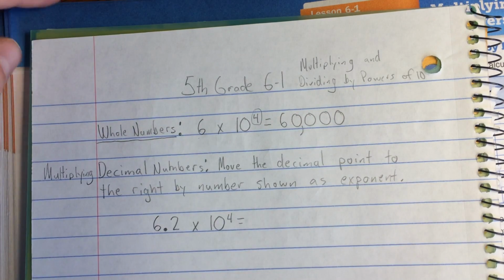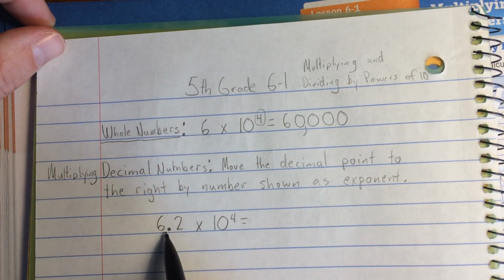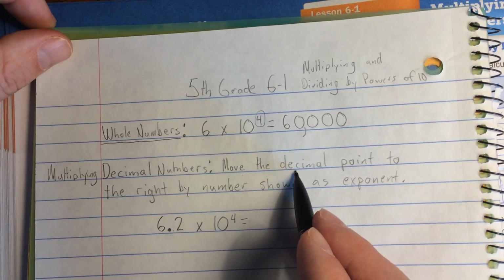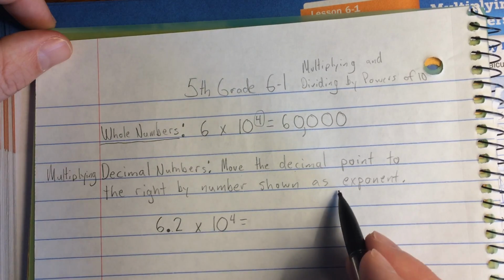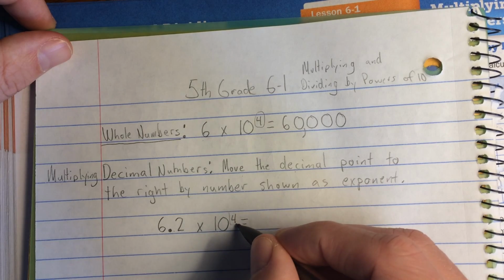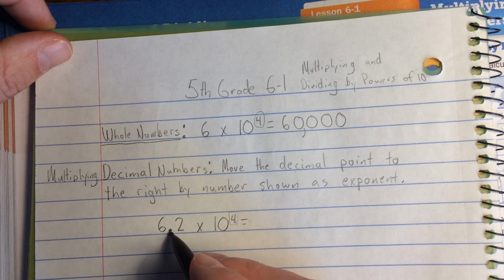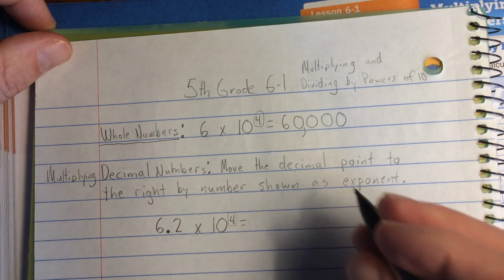So let's take a look at our definition and then look at our example here. To multiply a decimal by a power of 10, it says move the decimal point to the right by the number shown as the exponent. So the number shown as the exponent is 4. That means we're going to move this decimal point over 4 place values. So I'll show you here.